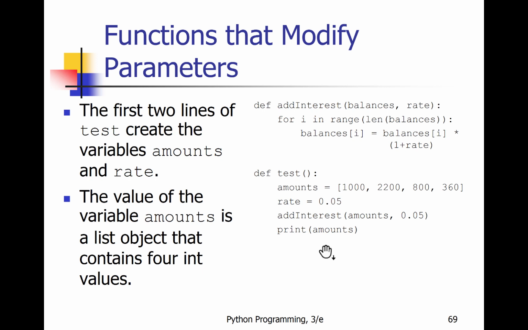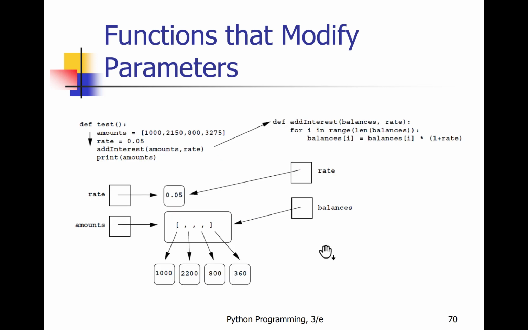So we talked through this. The value of the variable amounts is a list object that contains 4 int values. This is how it looks. In the calling code, he doesn't call with 0.05. He calls with amounts, comma, rate. So that's the right thing. In the called code, rate points at a float, an immutable object, 0.05.